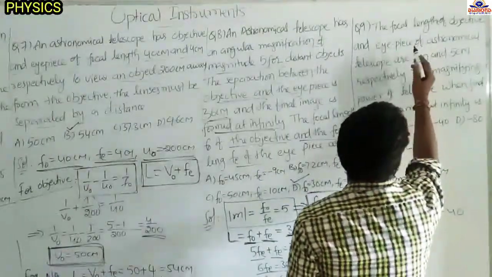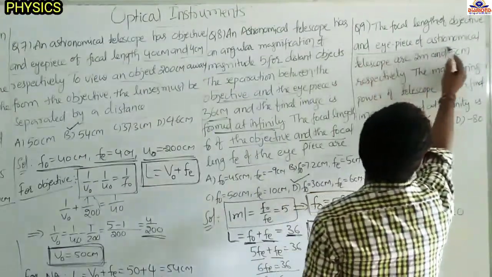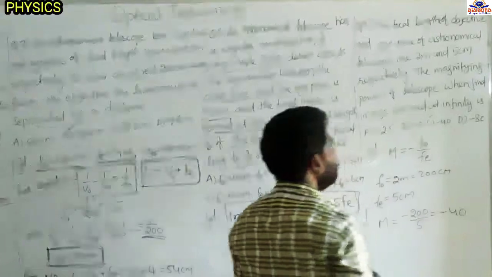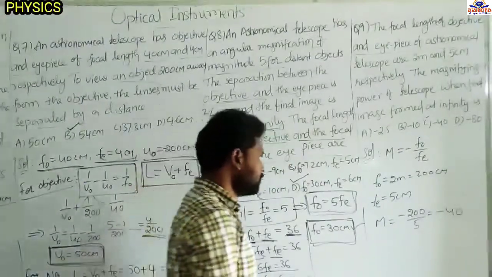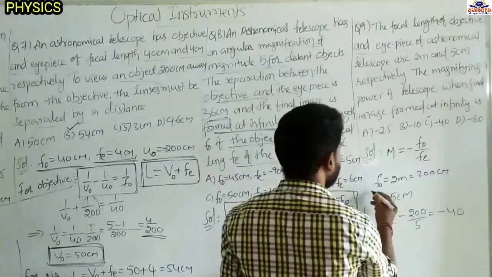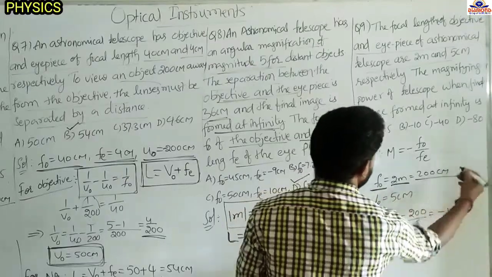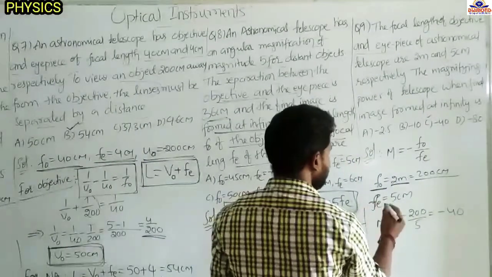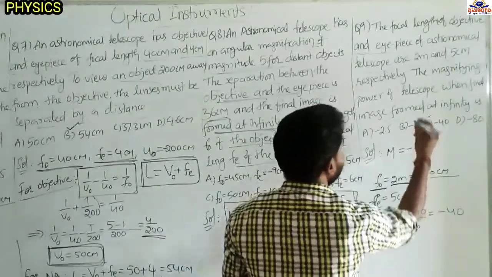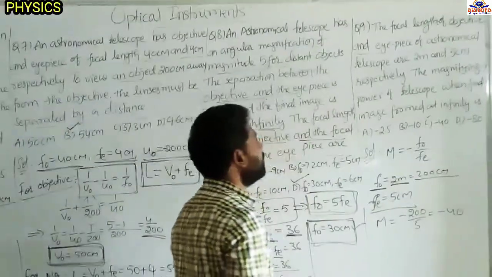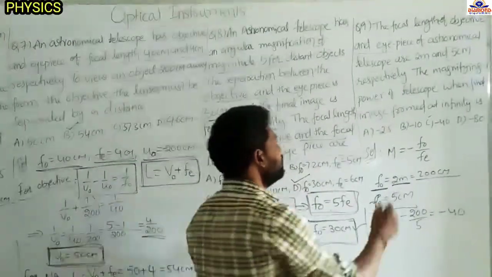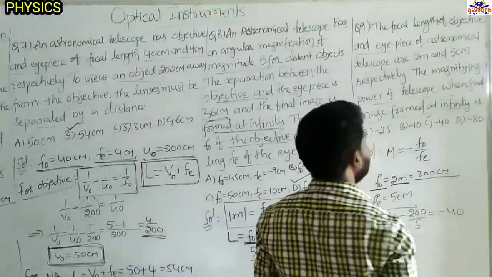The focal lengths of the objective and eyepiece of the astronomical telescope are 2 meter and 5 centimeter. So the focal length of the objective lens is 2 meter, which means 200 centimeter. And the focal length of the eyepiece given is 5 centimeter. The magnifying power of the telescope when the final image is formed at infinity is?